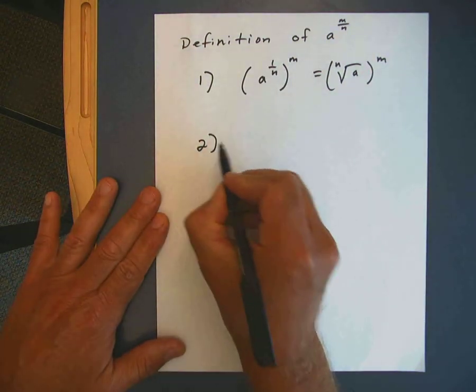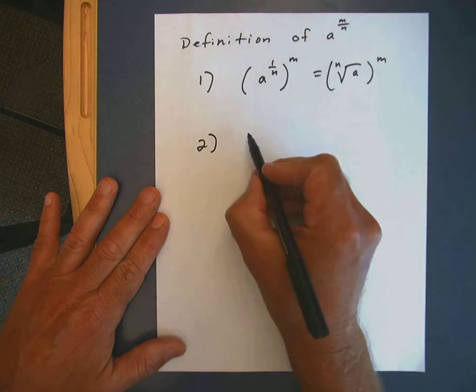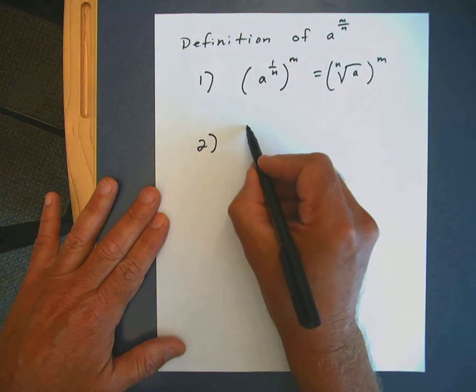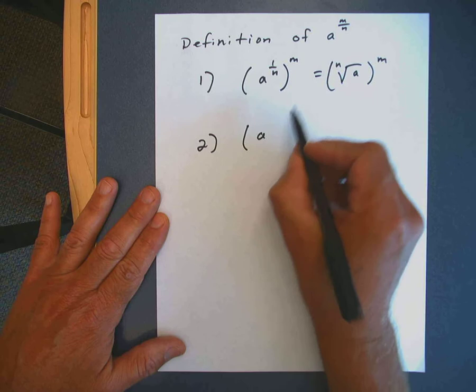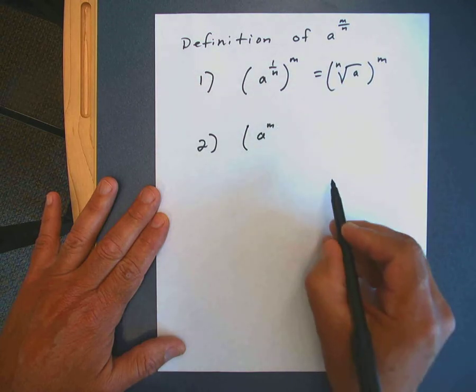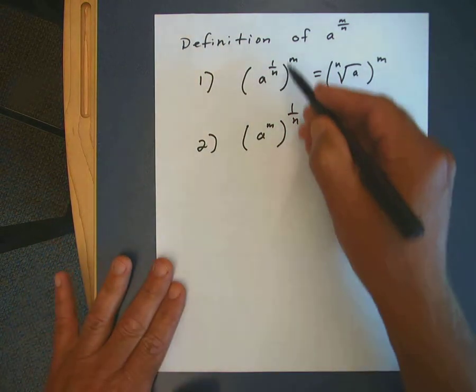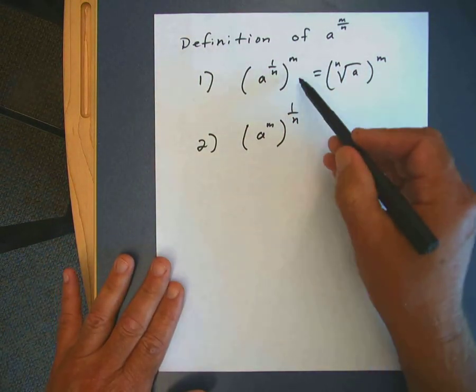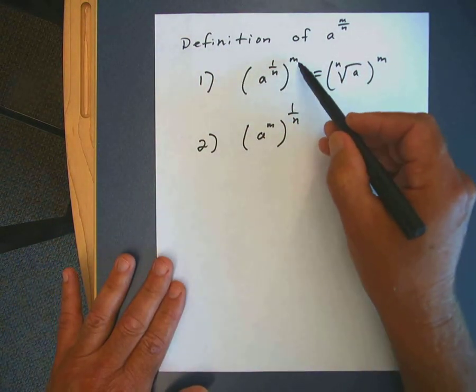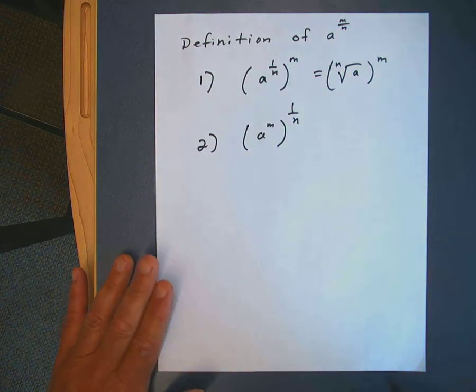Another way you could look at it is this would be the same as having a to the m power and then taking the nth root afterward. You can do this in either order: take the root first and then raise it to the power, or raise to the power, then take the root.